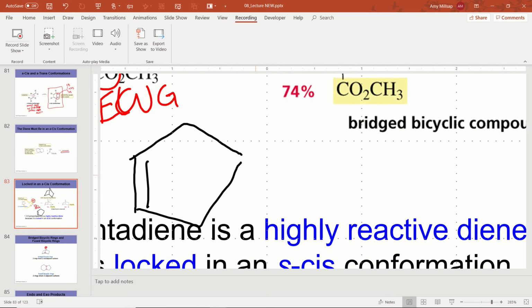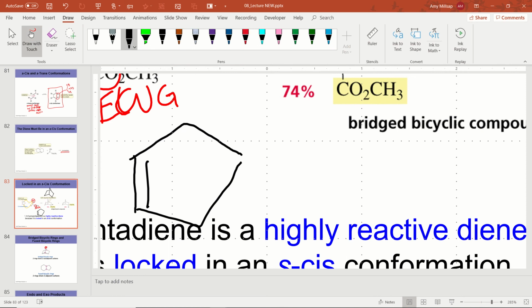Okay, and so what you would have to do is exaggerate those new bonds and somehow put them both inside of the ring. And then potentially draw that you have your CO2 group coming out through this line.